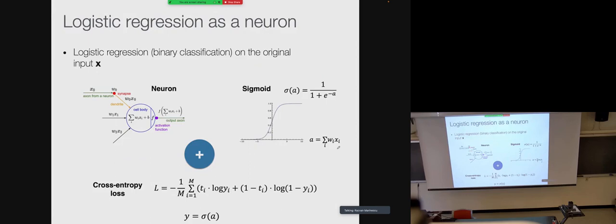We simply take the y's and pass them through the sigmoid. Y is the activation given a particular value.